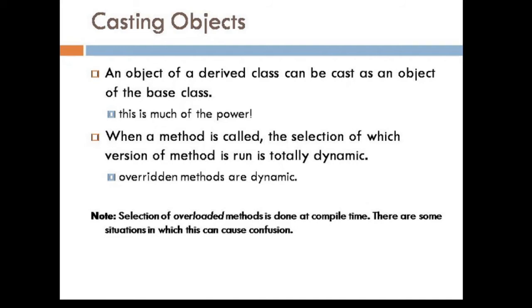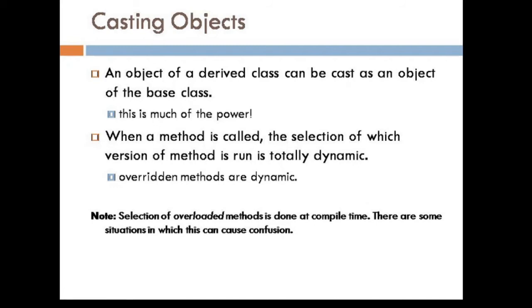Suppose, as I discussed earlier in an example, there is a class called Shape, and it has area as its overloaded member method. The call to the respective method in overloading is done at compile time.